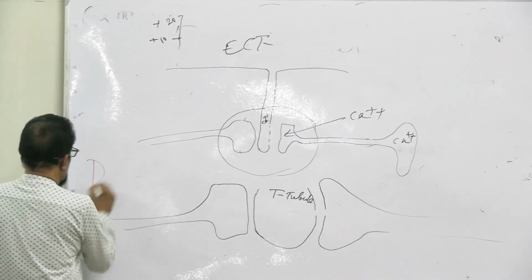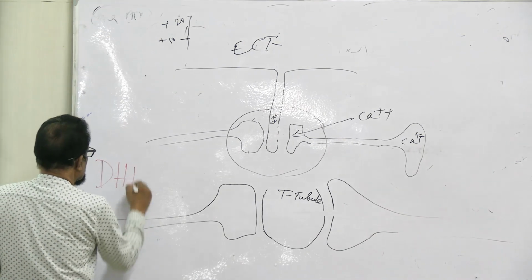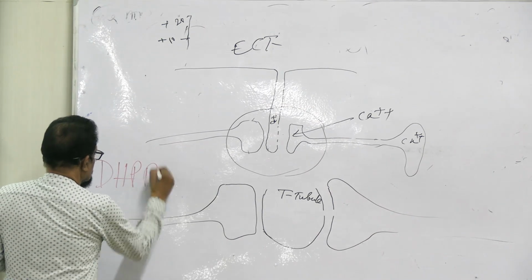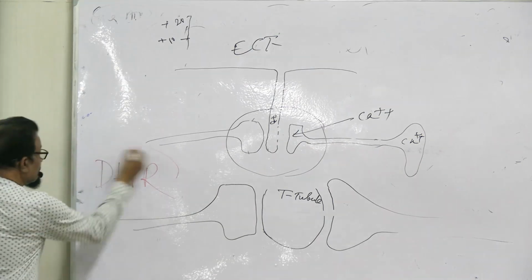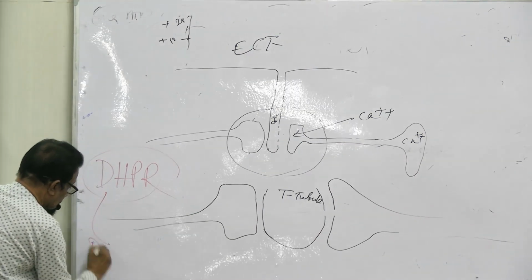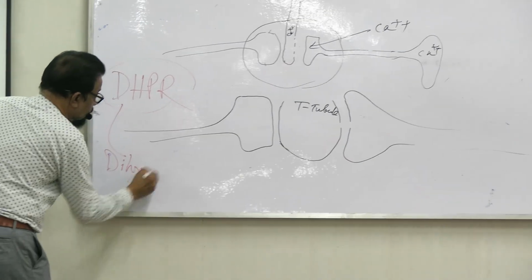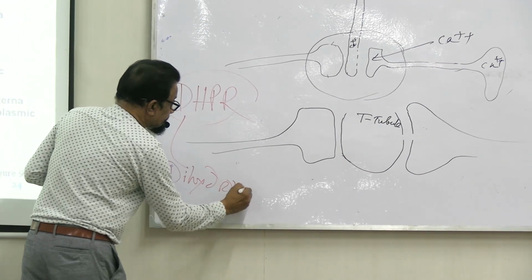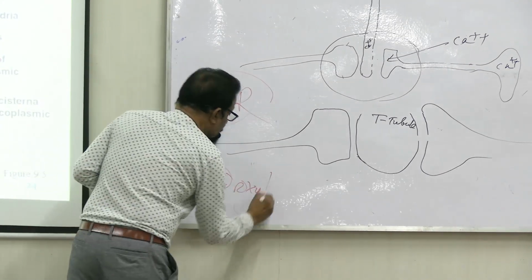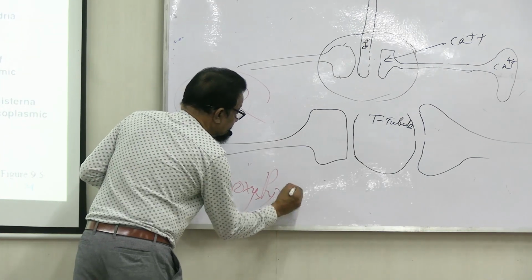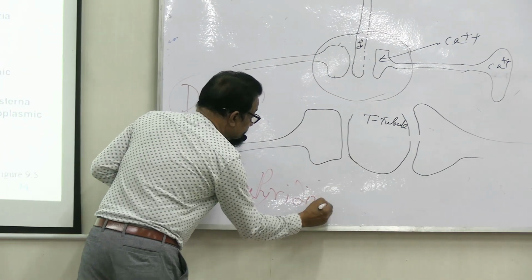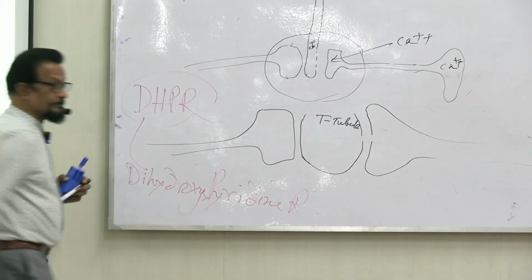DH, what is this? Dihydropyridine receptor.